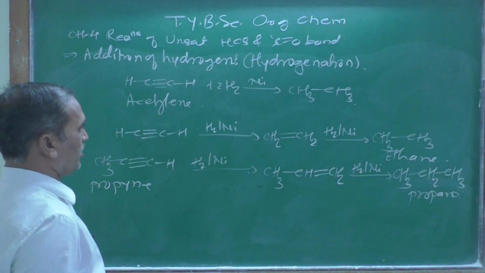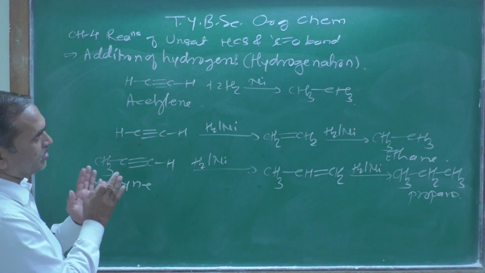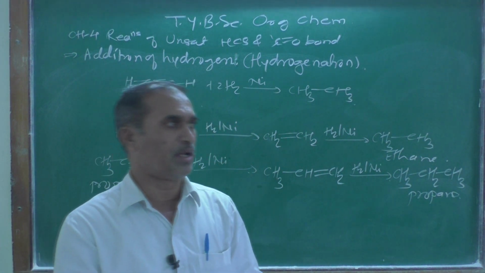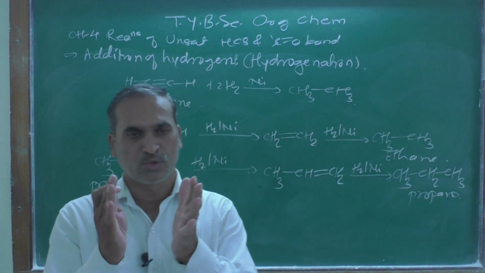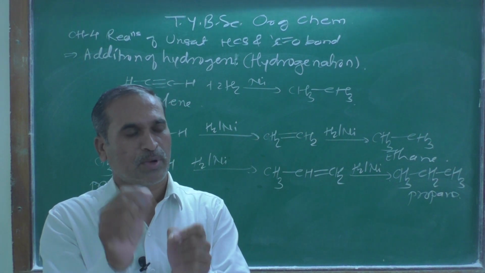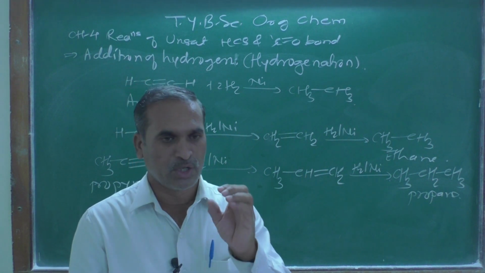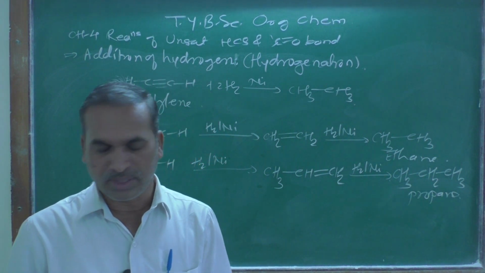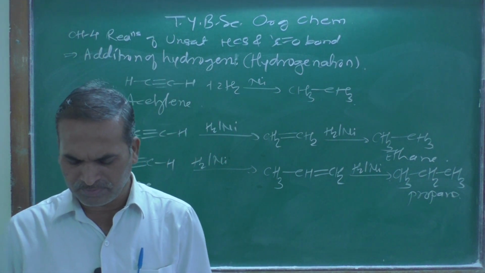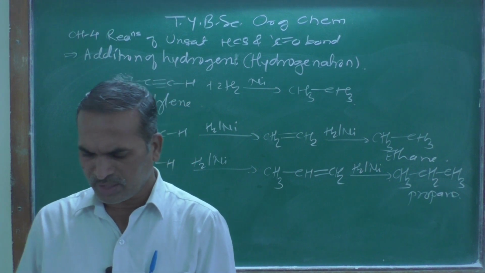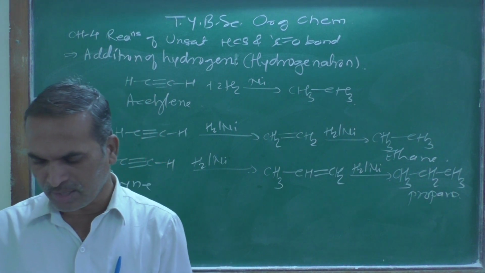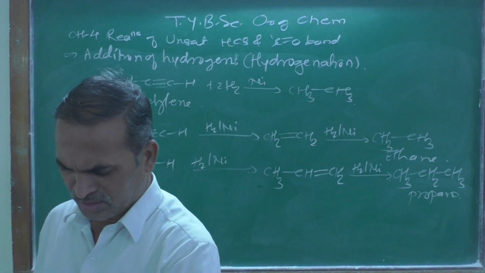When non-terminal alkynes are taken, by using special or proper reaction conditions, we can stop the reaction at the alkene stage. When this happens, we can get the cis or trans product.